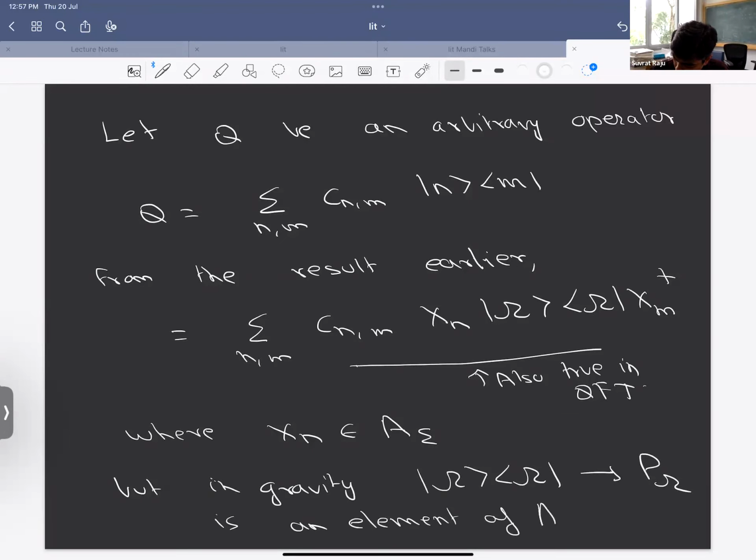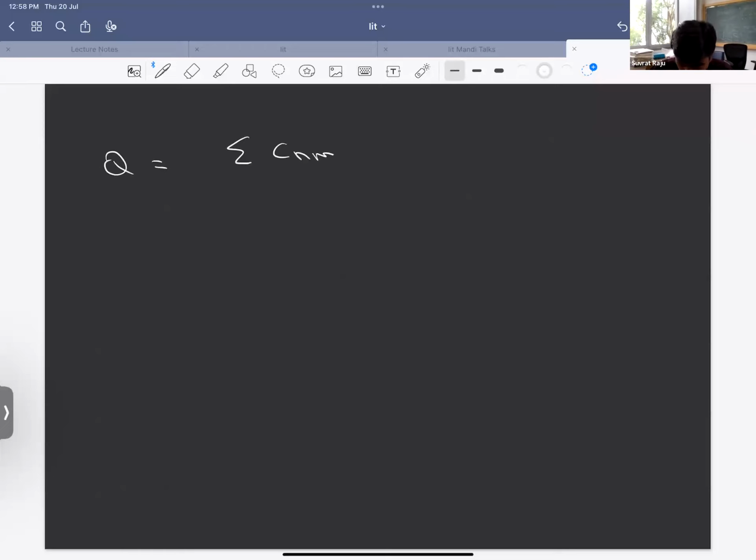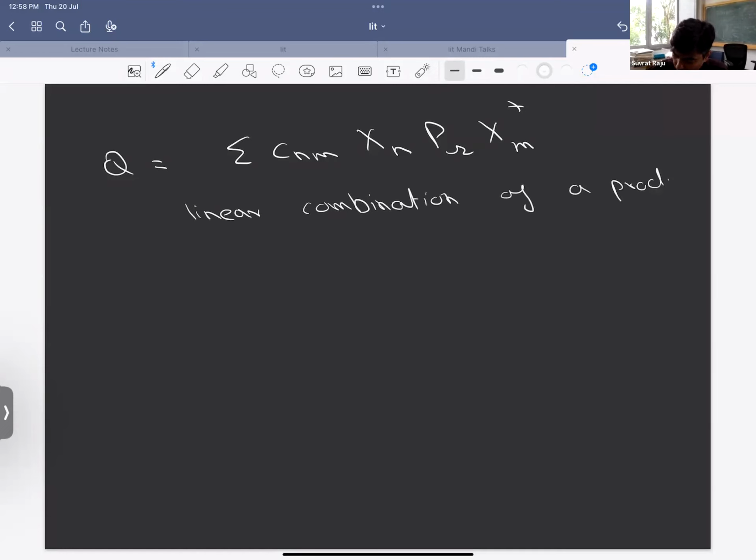Therefore, we have found that any operator Q with no restrictions is a linear combination of a product of 3 elements of A epsilon. Therefore, since the algebra is closed under products and linear combinations, we find that all operators Q, in fact, belong to this algebra.